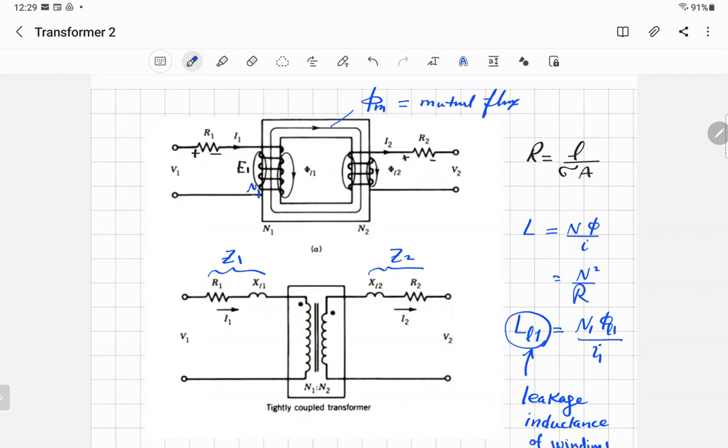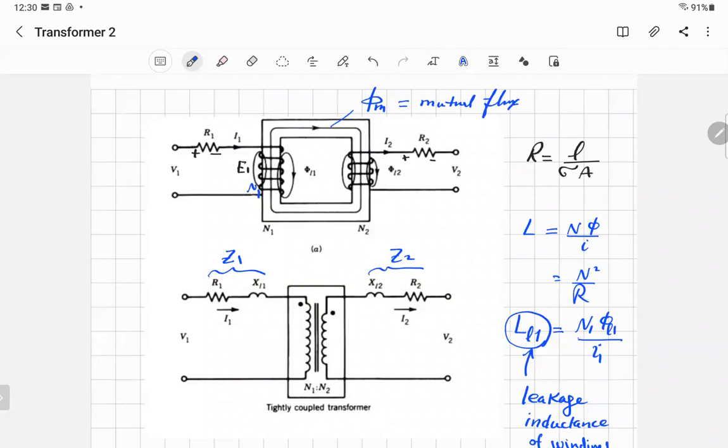That's one thing. Second thing, if you remember in the previous lecture, we said that the flux is changing with time. Why changing with time? Because the flux is produced by the current, and the current is produced by the voltage source, and the voltage source is sinusoidal. So a sinusoidal voltage source produces a sinusoidal current, which produces a sinusoidal flux.